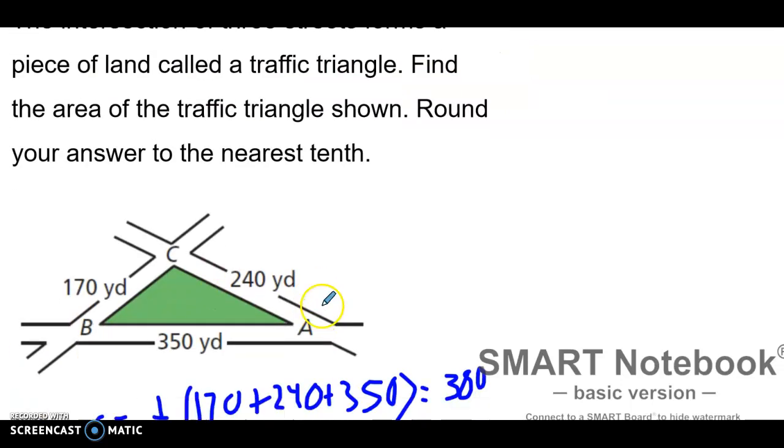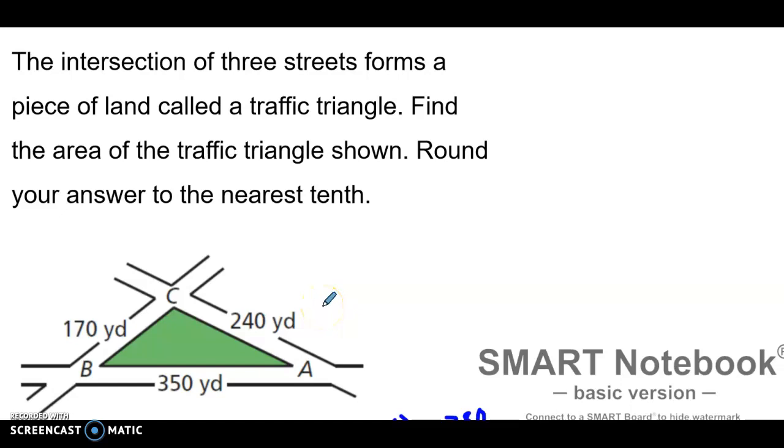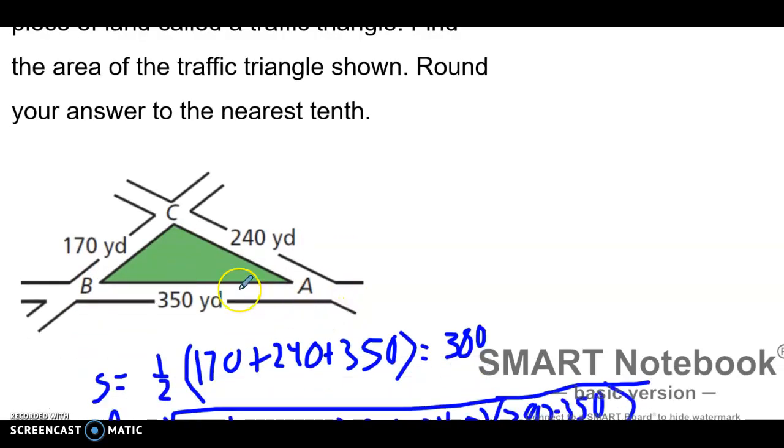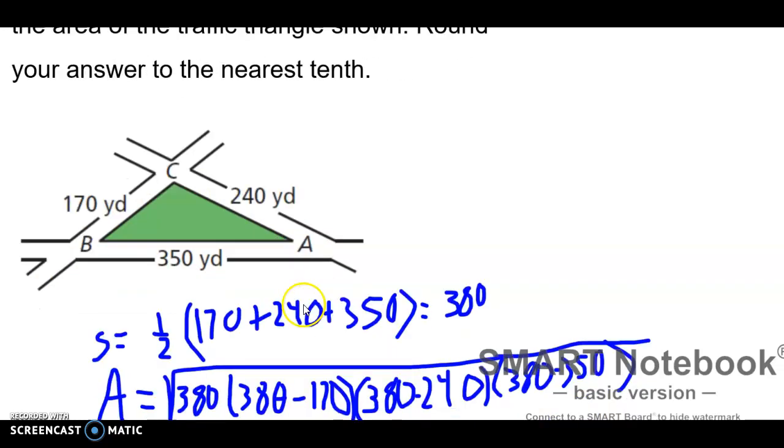And here is how it would be used. So the intersection of streets, let's say you have this piece of land that is locked by this triangle of streets. So 170 yards, 340 yards, 350 yards. How we solve it is the first thing we do is we find the semi-perimeter. So we go 170 plus 340 plus 350, and then we multiply by 1/2 or divide it by 2.